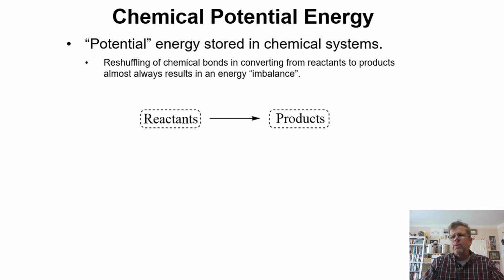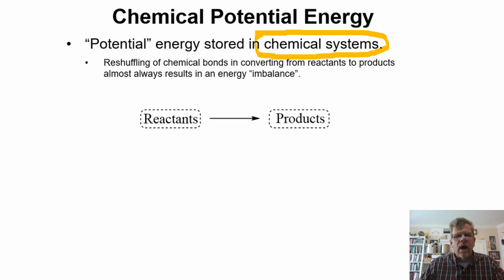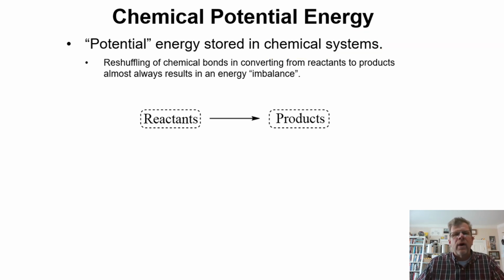We can't see it, we cannot measure it, but it is there and it's stored within chemical systems, specifically within the chemical bond structure of a series of reactants or a series of products. There's energy stored within that bond structure.